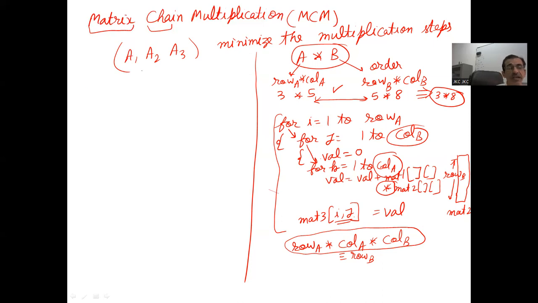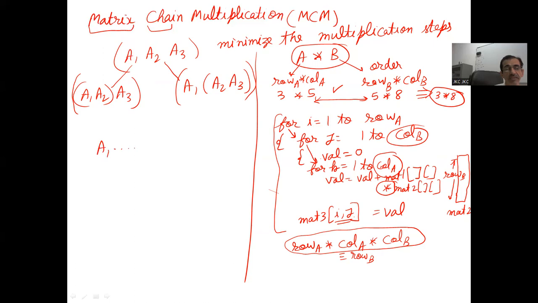Why is minimization needed? For example, in this case one choice is that you multiply A1, A2 first and then A3. Another choice is that you multiply A2, A3 first and A1 later. So there can be two choices.